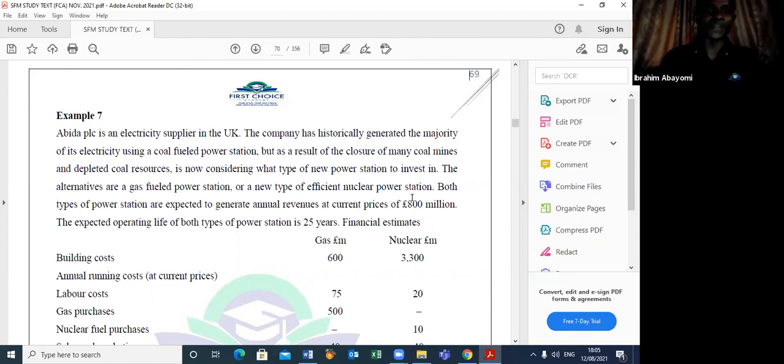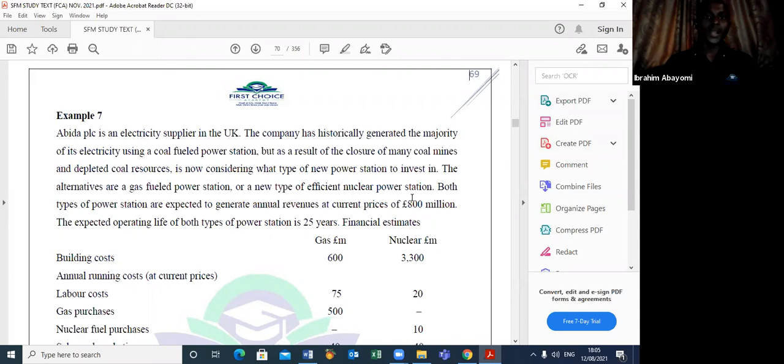Now, the company is considering what? Either to start using gas or to start using nuclear fuel. These are two different projects. Gas is different from nuclear. So these are two different industries.